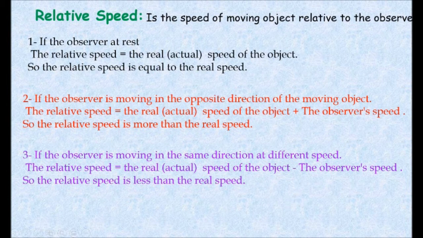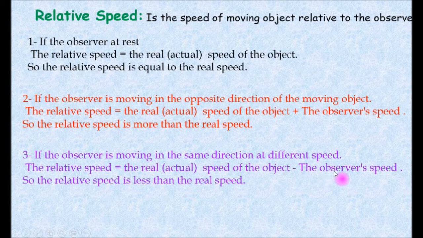What happens if the observer is in a moving object that moves in the same direction as the other car and with the same speed? Let's take a small example. If the actual speed of the object is 100 km and the observer speed is 100 km and both of them are in the same direction, the relative speed will be the difference between the two speeds, 100 minus 100.